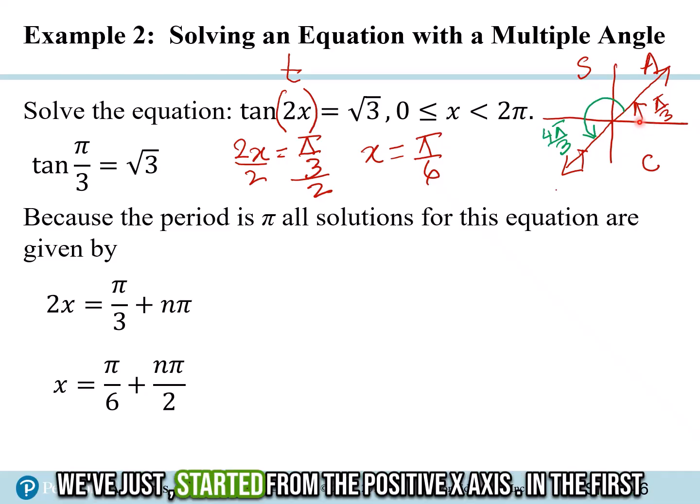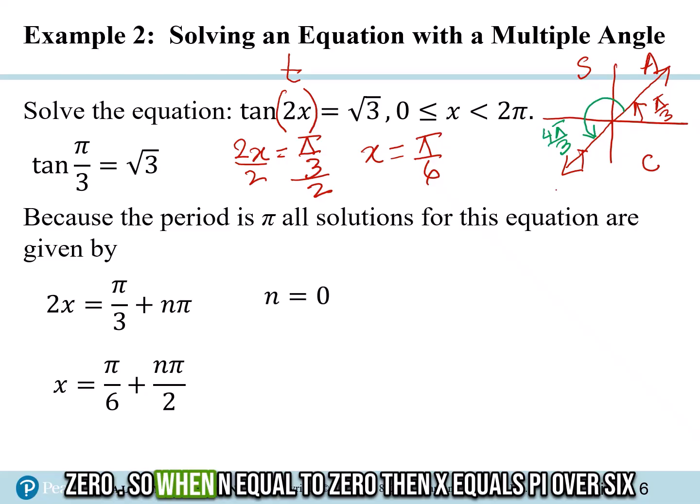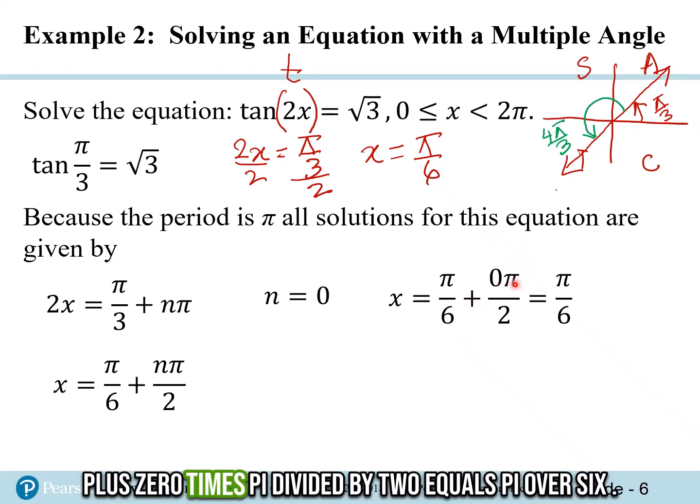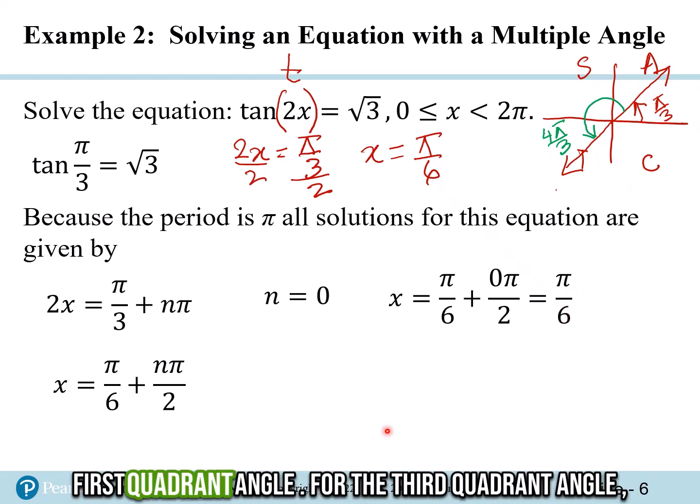We've just started from the positive x-axis. In the first quadrant, it's 0 cycles that we've made. So n will be 0. So when n equals 0, then x equals pi over 6 plus 0 times pi divided by 2 equals pi over 6. All right, so x will have a solution of pi over 6 for the first quadrant angle.